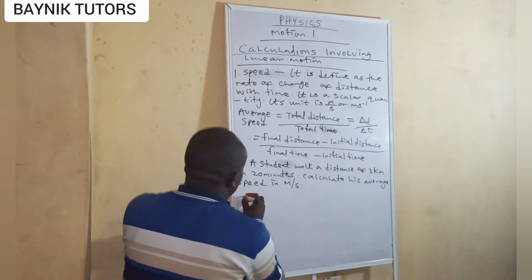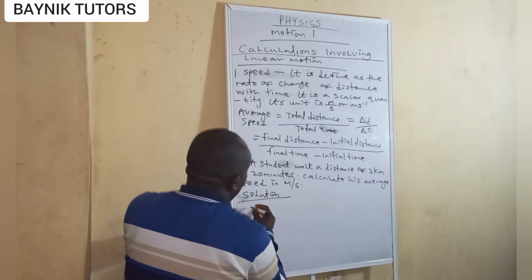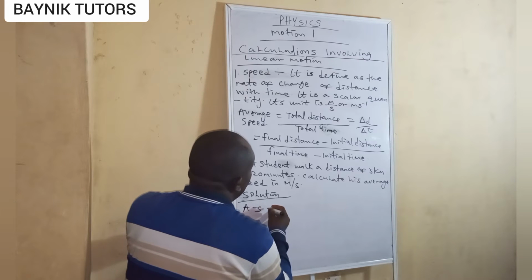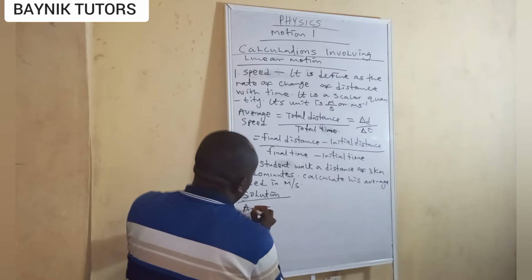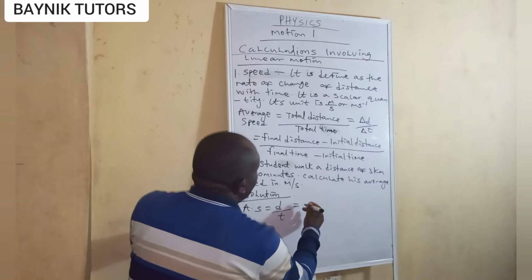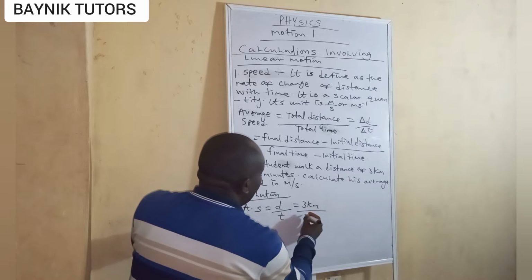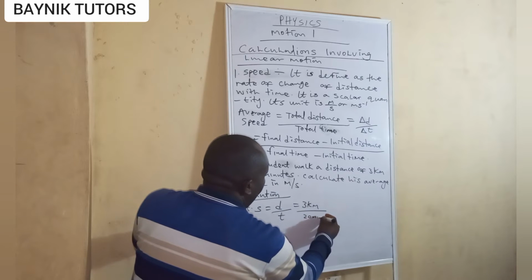So my solution here: my average speed will be distance over time. My distance is 3 kilometers, while my time is 20 minutes.